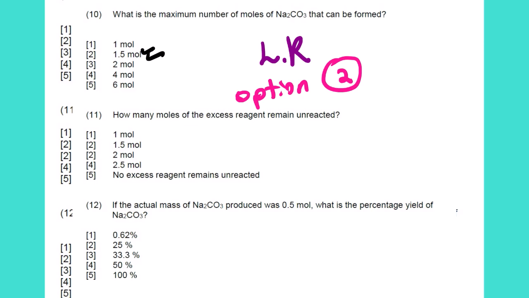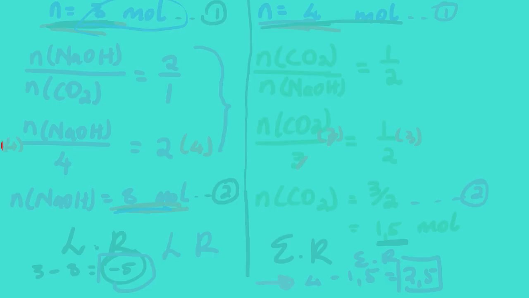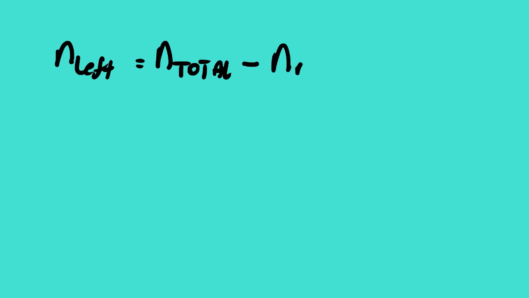Now looking at question 11, how many moles of excess reagent remained unreacted? Now looking at our methods, if you can check here, this is the actual answer. In order to find the number of moles unreacted or left, the number of moles left equals the number of moles total minus the number of moles reacted.